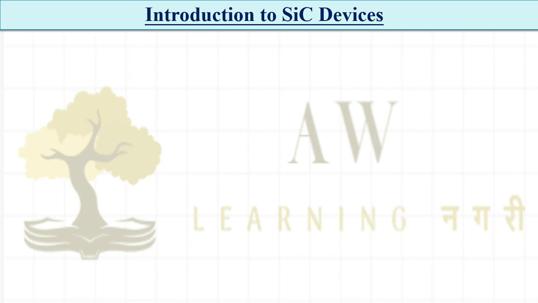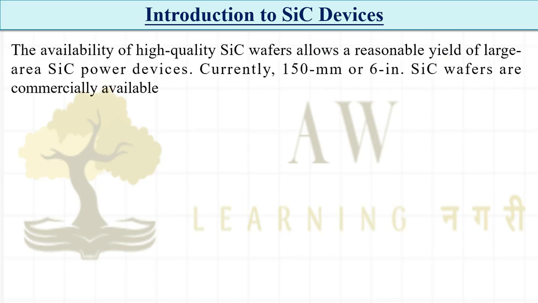Introduction to silicon carbide device. The availability of high quality silicon carbide wafers allows a reasonable yield of large area silicon carbide power devices. Currently 150 millimeter or 6-inch silicon carbide wafers are commercially available. If you have seen the manufacturing of silicon, then using the wafers we produce any device.